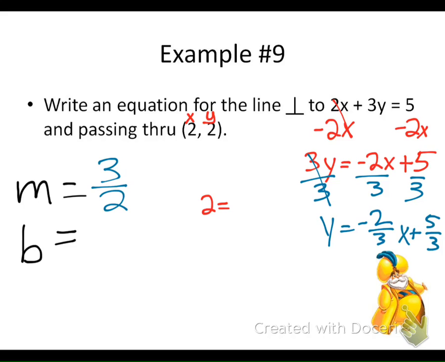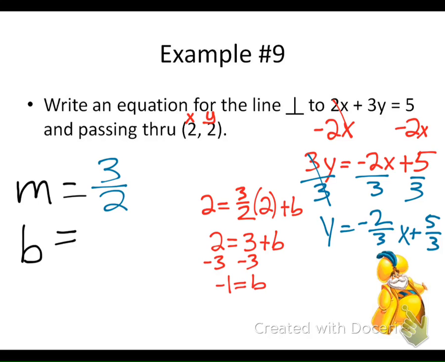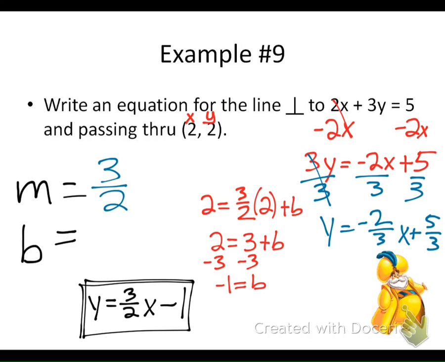So y equals m, my new m, not the old m, x plus b. So b in this case is -1. Anyone know the answer? Wonderful. What are your questions?